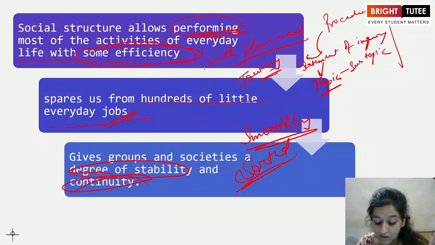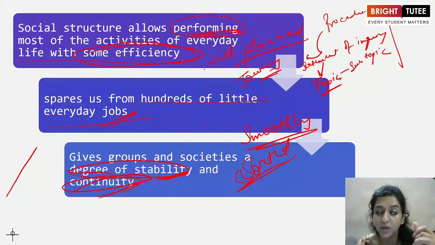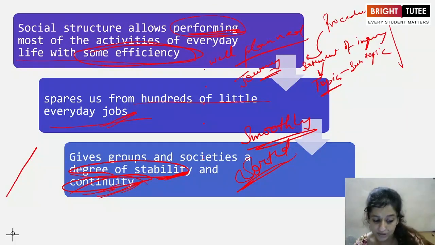So you see a lot of stability and continuity, because you know what you are supposed to do, and you keep on performing that particular role or function that you are supposed to perform. So that is what makes it a very continuous and smooth process.